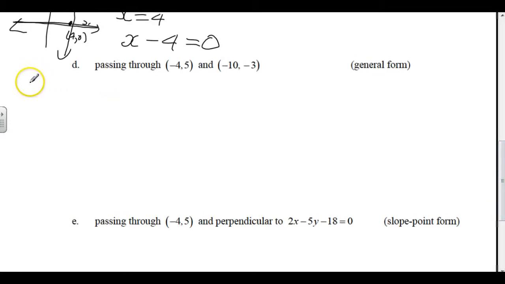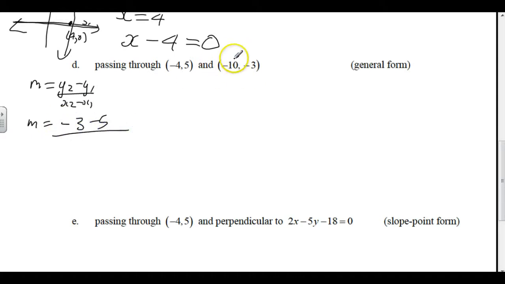All right, so the first step, in order to find the equation of any line, you need the line's slope. So here's the slope formula. So, -3 minus 5 over x2, -10, minus -4, so make that plus 4.